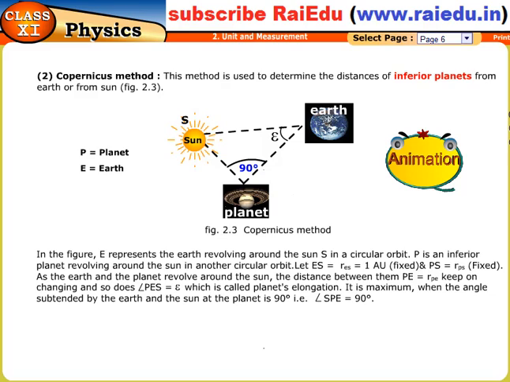Copernicus method. This method is used to determine the distances of inferior planets from Earth or from the Sun.